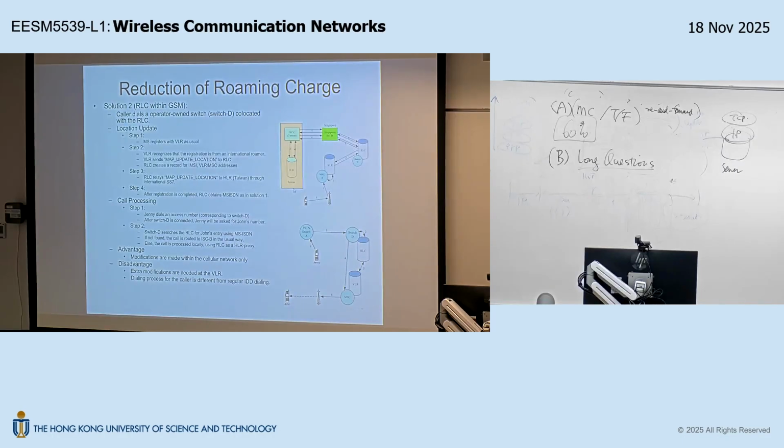Is that okay? So, therefore, in order for this to work, since the only modification is the local operator, the mobile operator, roamer location cache is with this mobile operator. So in order for this to work, when Jenny calls John's number, Jenny has to be aware that John is in a roaming stay in Singapore. Jenny will first have to call a special access number specific to this operator.